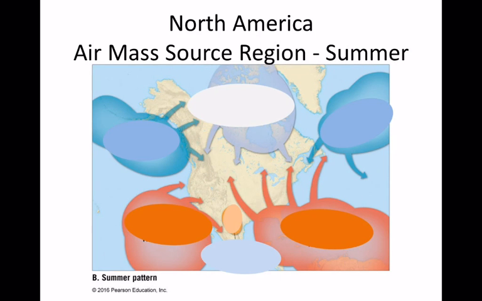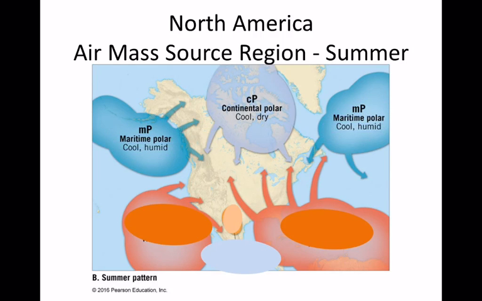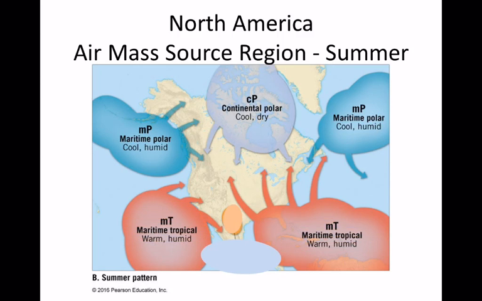And then the summer looks very similar. But now in the summer, you'll notice we don't have a continental Arctic, but we have continental polar. We have the flanking maritime polar on both oceans, and coming up from the south, we have our Maritime Tropical sources.